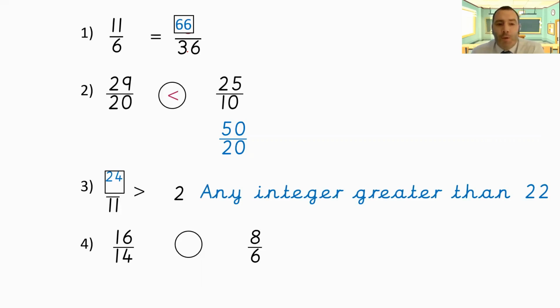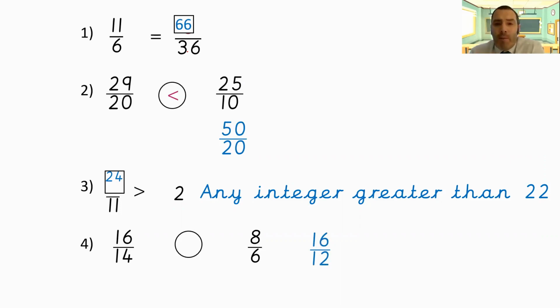Now, question 4. We can't easily multiply the denominators to make them equal. I can, however, multiply my numerators. I know that 8 times 2 is 16. So 16/12, is it greater than, less than, or equal to 16/14?